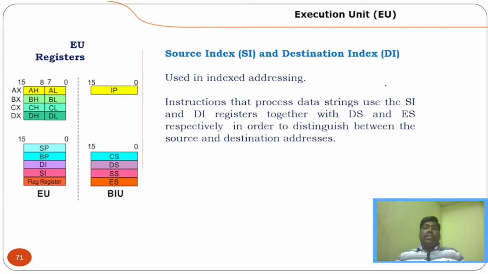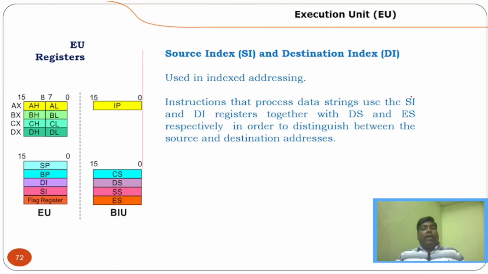And similarly, source index and destination index can act as offset pointers for the data segment as well as the extra segment, right? And here, source index points to the data segment and destination index points to the extra segment, right?